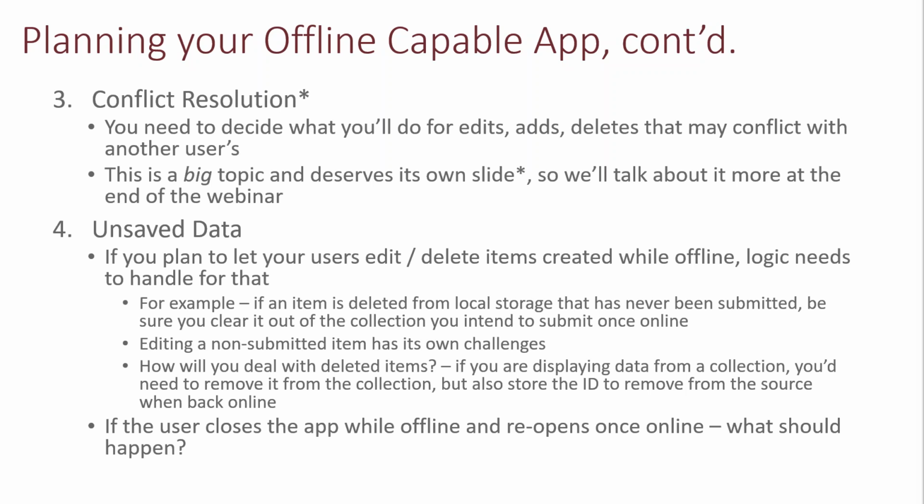You want to think about that. How are you going to handle for that in your local storage? Where are you going to update that? How complicated are your functions going to get if you're going to allow that? Are you going to let them add something and then delete it before it gets submitted? You'll need to be clearing that out of your local collections then at that point.